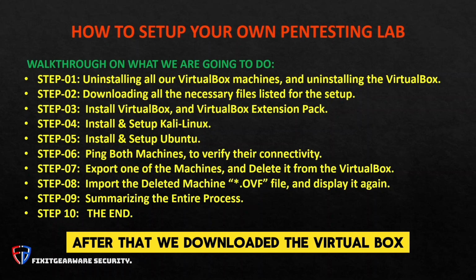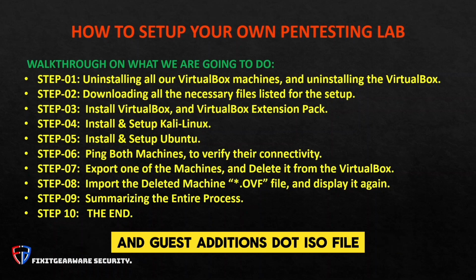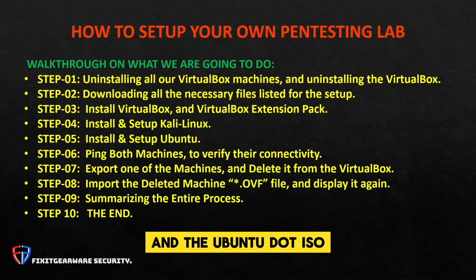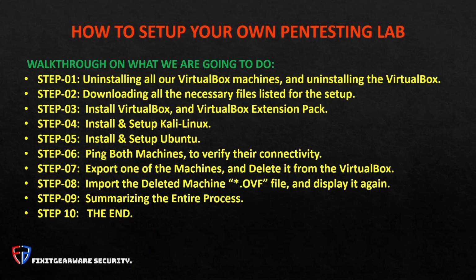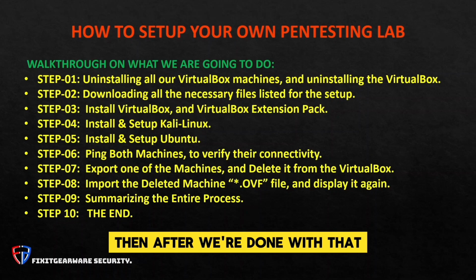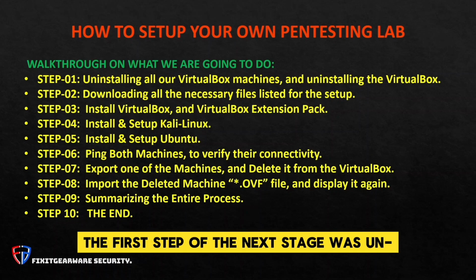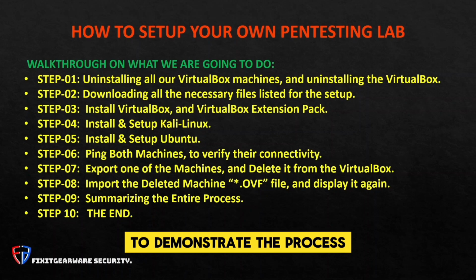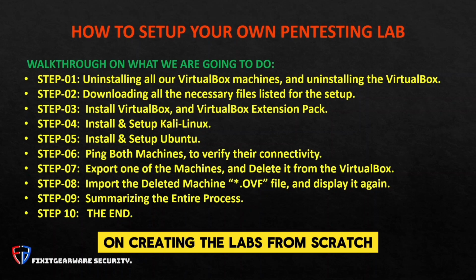After that, we downloaded the VirtualBox guest additions .iso file. Then we downloaded the Kali Linux .iso and the Ubuntu .iso. Then the first step of the next stage was uninstalling all our VirtualBox machines and uninstalling VirtualBox itself to demonstrate the process of creating the labs from scratch.